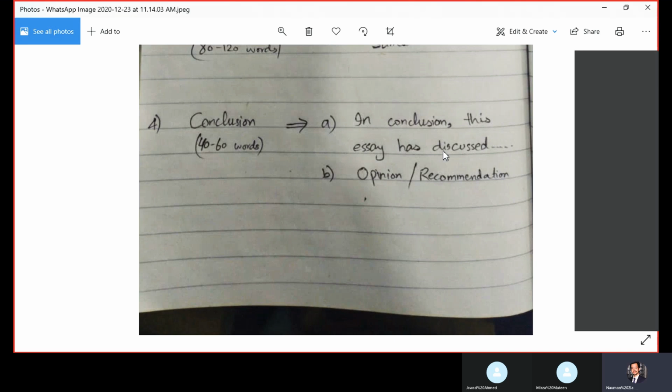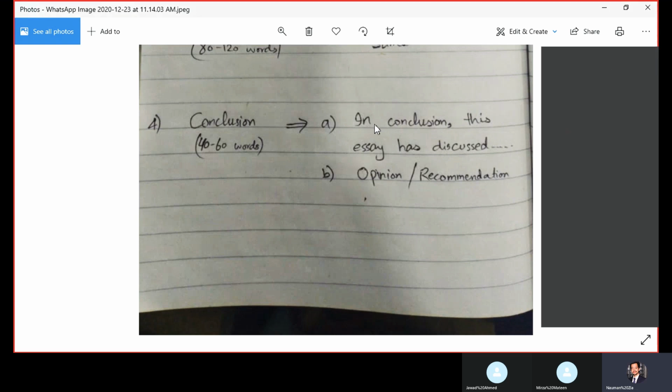And the next one or two sentences will be related to your opinion, your recommendation, your suggestion, or at the end you will mention a general statement and you will close the essay. Right? This is the strategy. This is the format. This is what you need in order to get 6+ band in IELTS writing task 2.